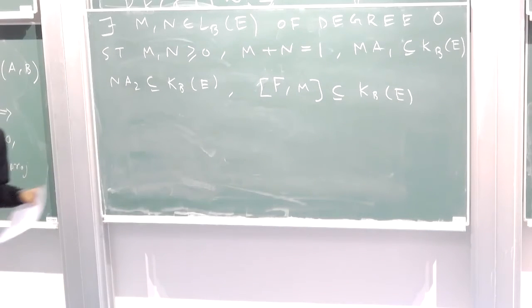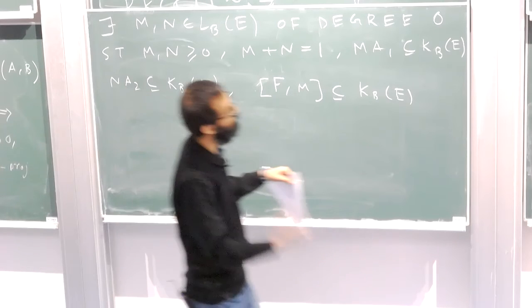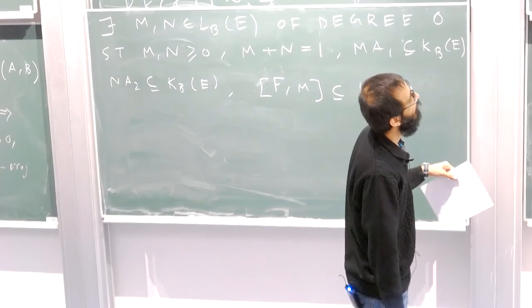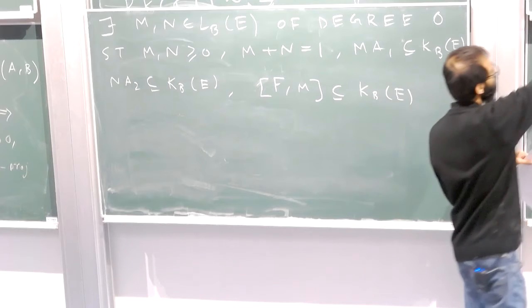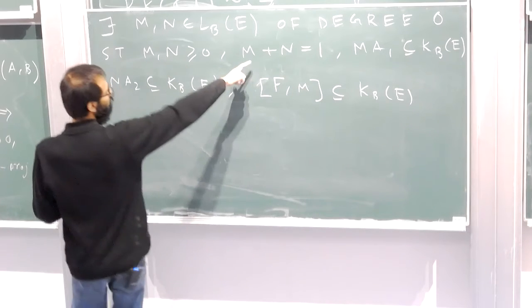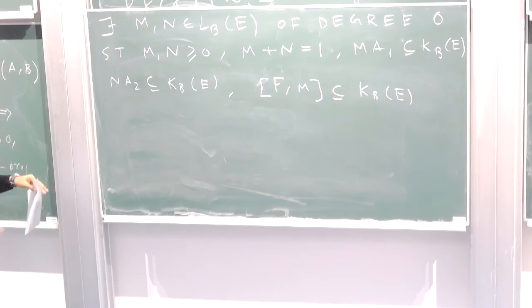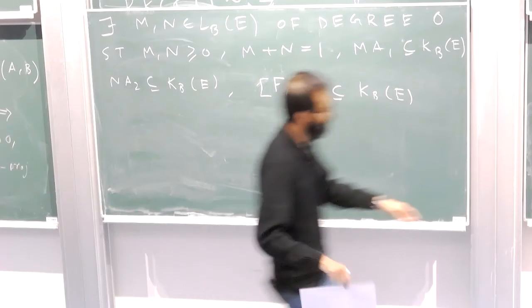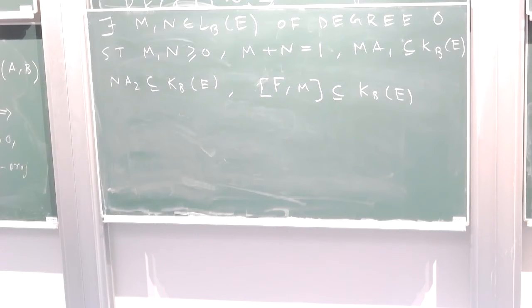So the entire proof of the existence of the Kasparov product is by ingenious choice of all the ingredients of this theorem. So you choose A1, A2, F such that these three conditions hold, and then you would have the partition of unity M and N, which would allow you to write this expression.